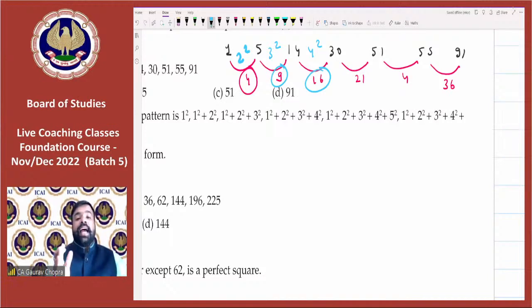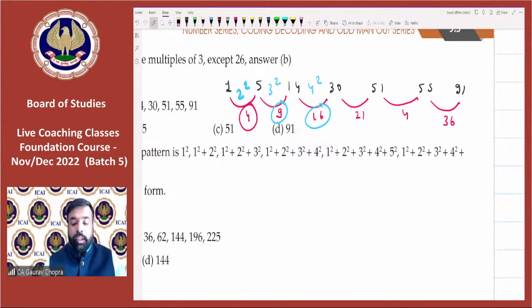That means the gaps are square numbers. So in the gap, there is a perfect square. So 1 plus 4 becomes 5. Then 5 plus 9 is 14. 14 plus 16 is 30. Then after 16, what is the next perfect square? That is 5 square, 25. So 30 plus 25 should be 55. So the next number should be 55.